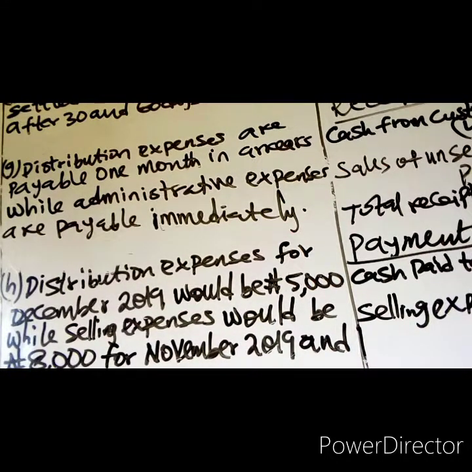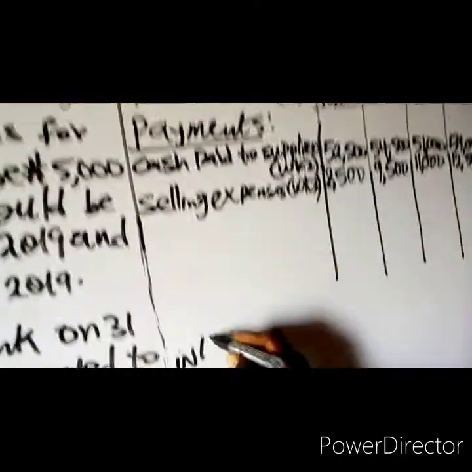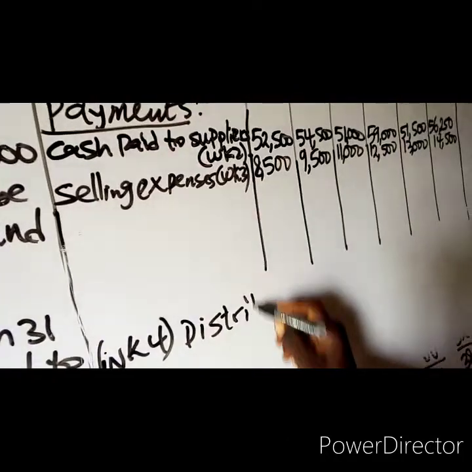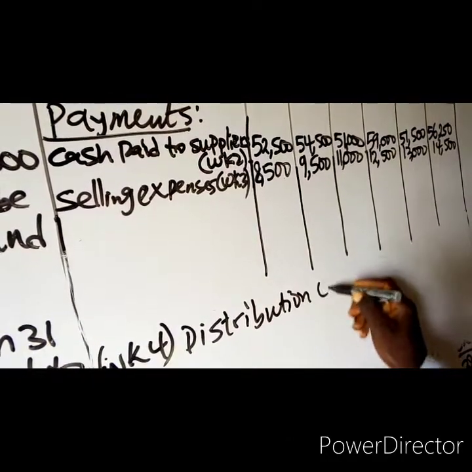Now, working four. We have distribution expenses.